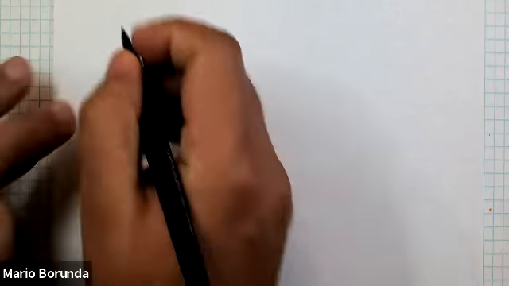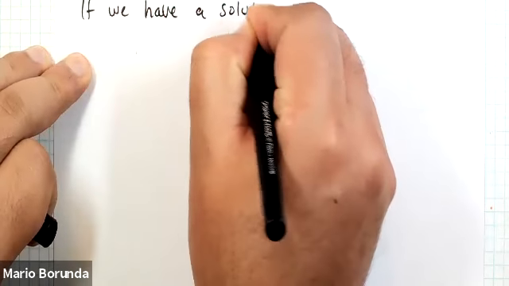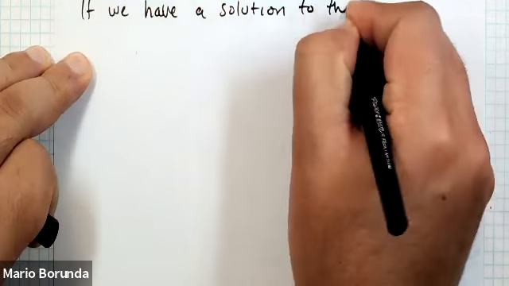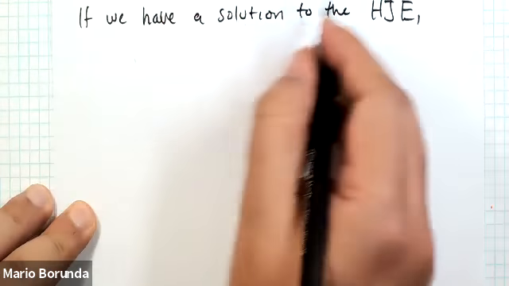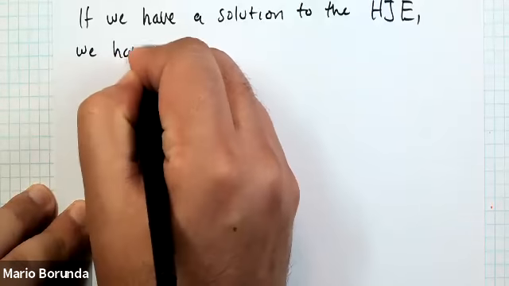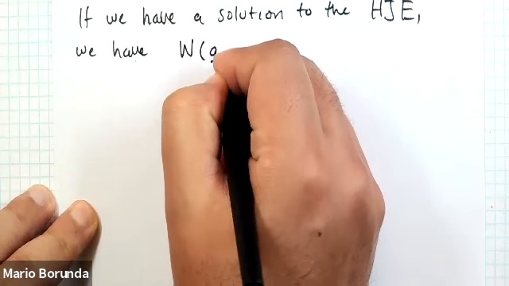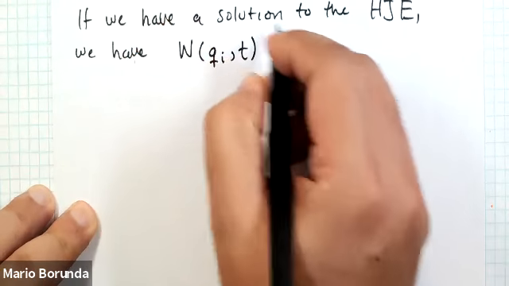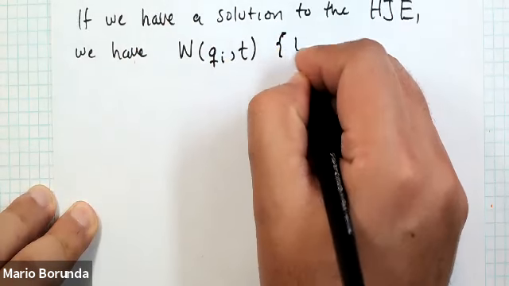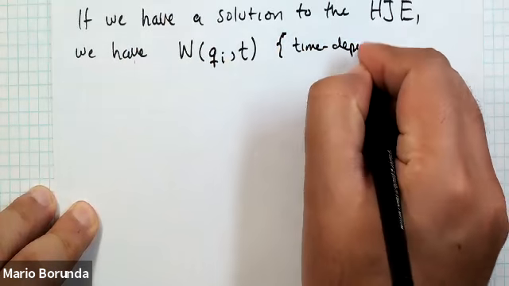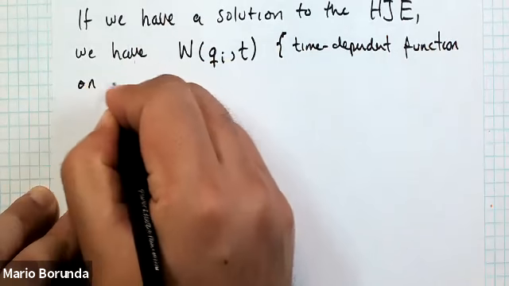So if we have a solution to the Hamilton-Jacobi equation, we have W that depends on Q and T. So this is a time-dependent function on configuration space.